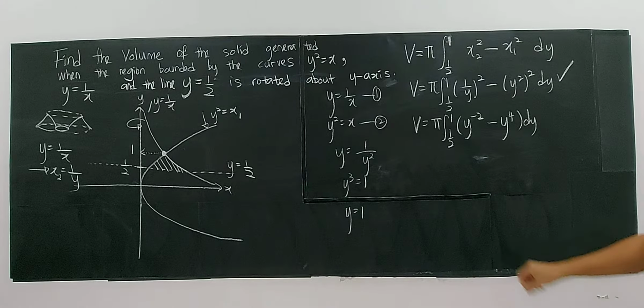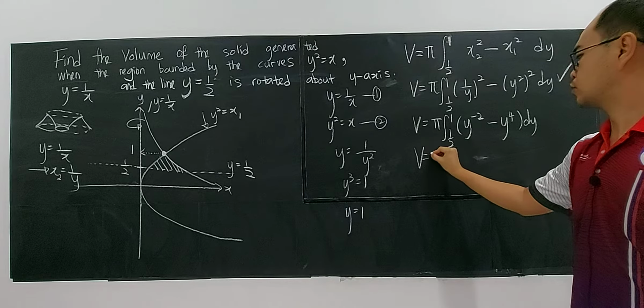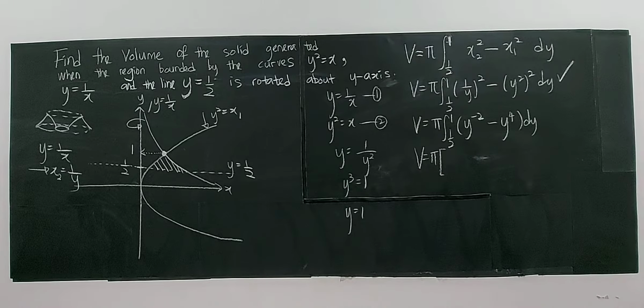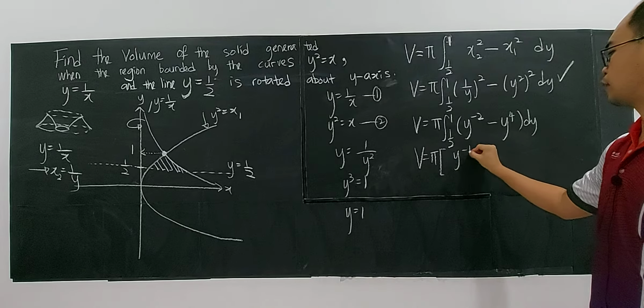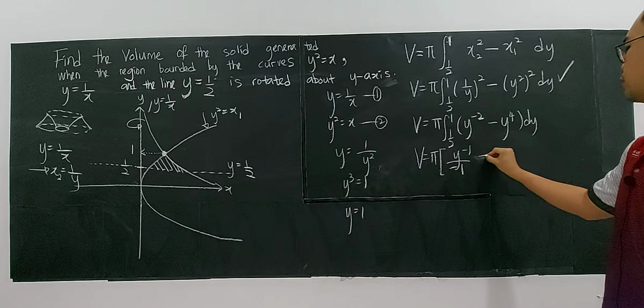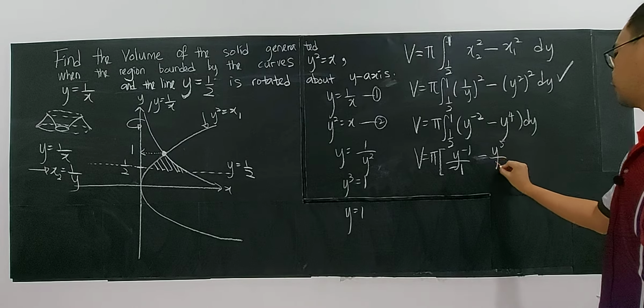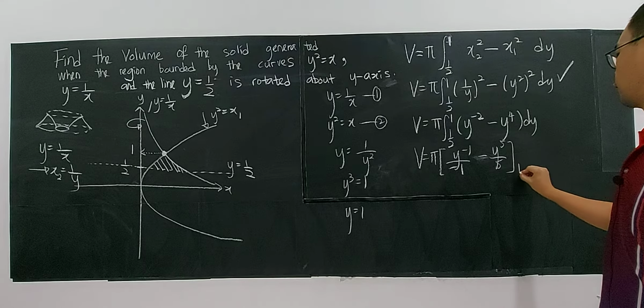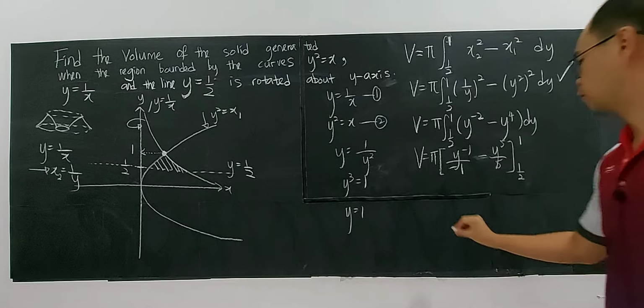So let's integrate this and get the volume. We have pi times y to the power of negative 1 divided by negative 1, minus y to the power of 5 over 5, from 1 over 2 up to 1.